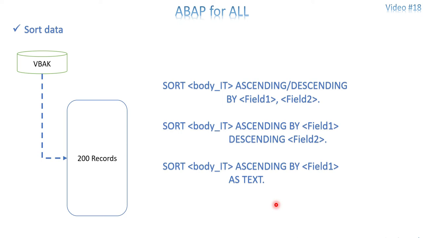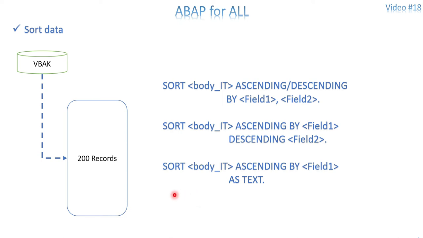By default, if you're not mentioning as text, sort will take the uppercase values first, sorted, then lowercase values, then sorted, especially for camel case I'm talking about. Okay. So if you want to avoid that, you can mention an option called as text. Then it will sort properly. Okay. I will show these two in the system.